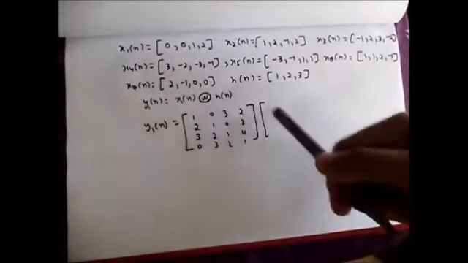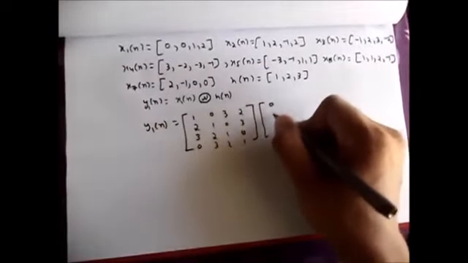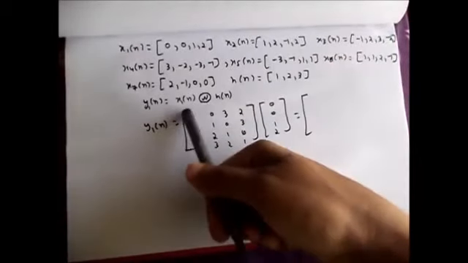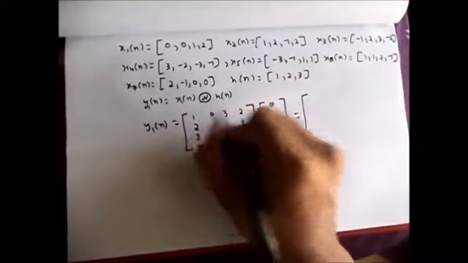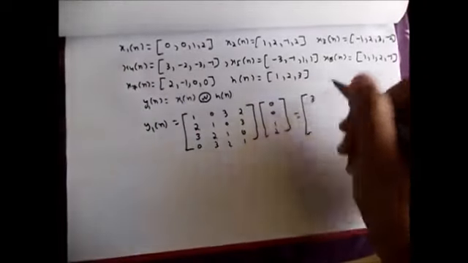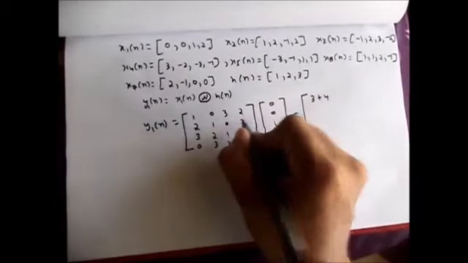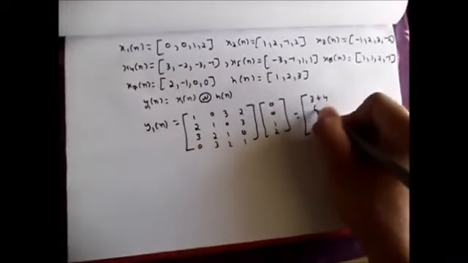Then we will multiply this with the first input data block, so 0, 0, 1, 2. Now we have to perform the multiplication, that is rows into column. So this is 3 plus 4. If you multiply this second row with this column, so this becomes 6.